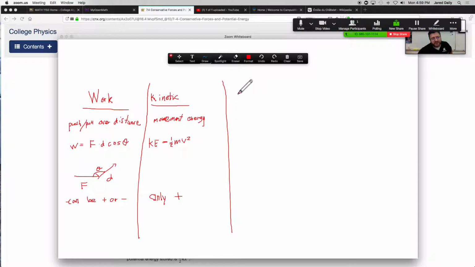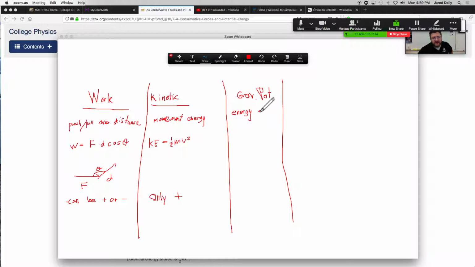The third type is gravitational potential energy. I'm going to call it GravPot. There we go. And that is essentially energy stored in height.